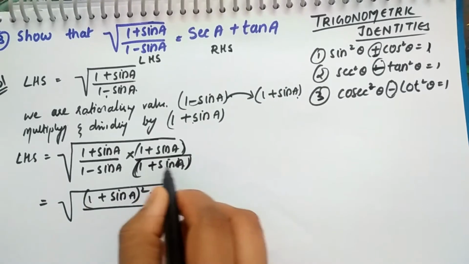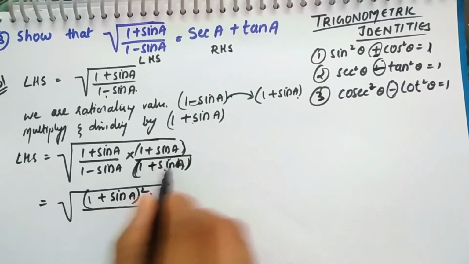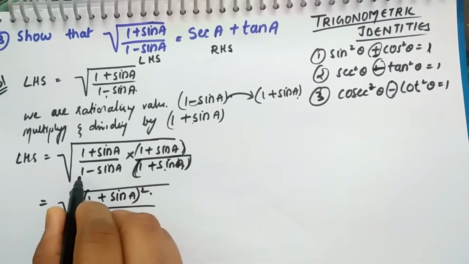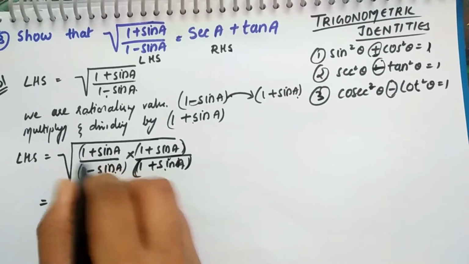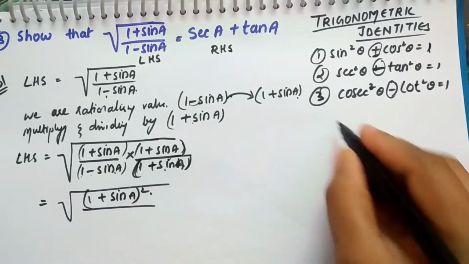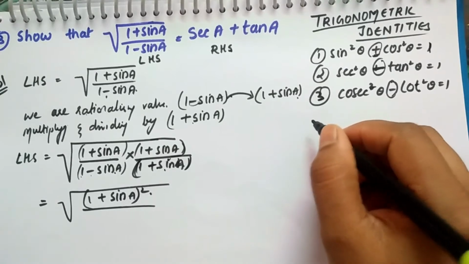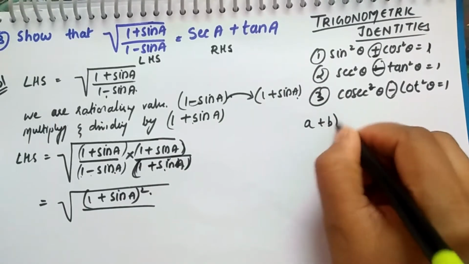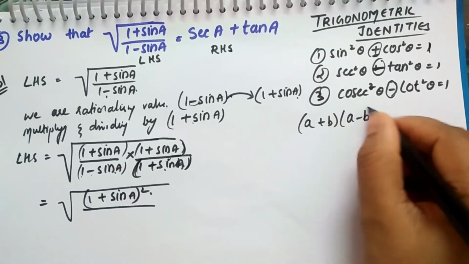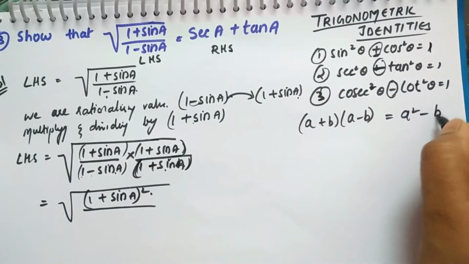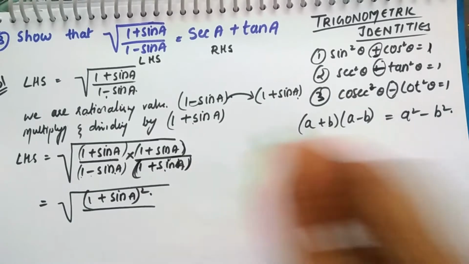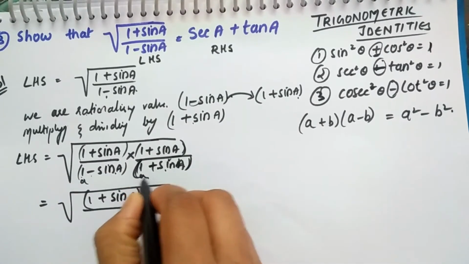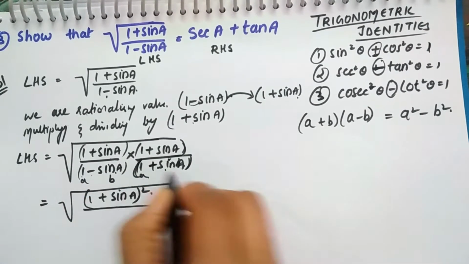Then check the denominator. It is (1 minus sine a) into (1 plus sine a). By seeing this, what identity comes to your mind? It is (a plus b) into (a minus b) is equal to a square minus b square. Here a is nothing but 1 and b is nothing but sine a.